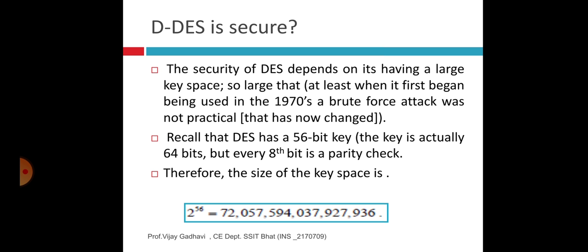Therefore, the size of the key space is 2^56, as we see in the figure: 72057594037927936. There is a huge amount and large possibilities of applying multiple keys for security in double DES. That's why it's secure.